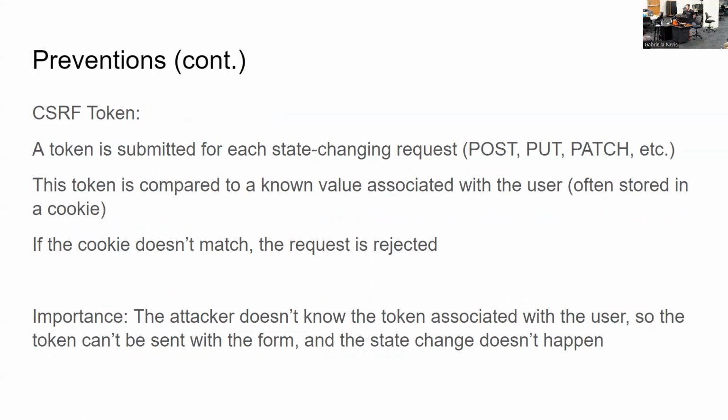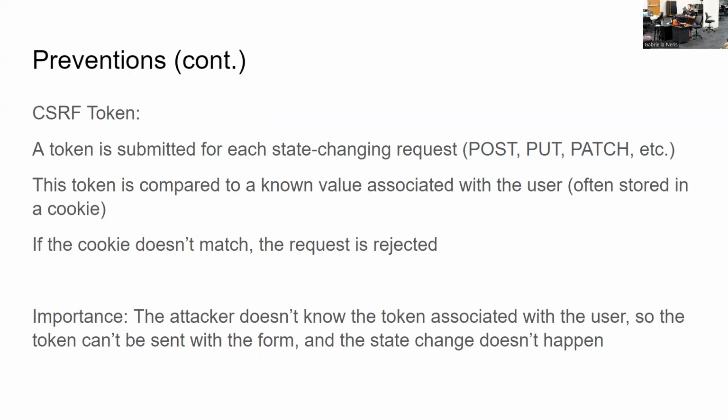Another way of preventing it is with the cross-site request forgery token. This is when the application associates a token with a user and then requires that user sends that token in each request. Usually the application will set this token in a separate cookie.